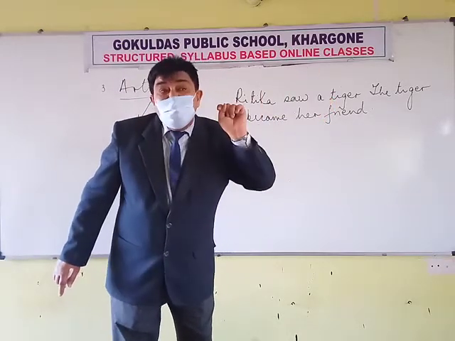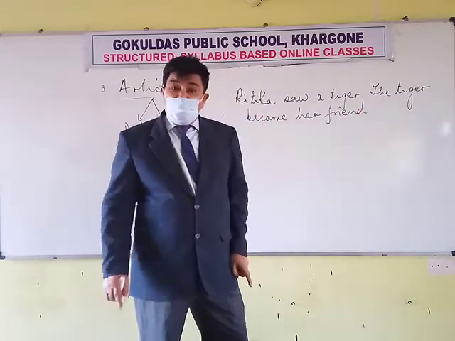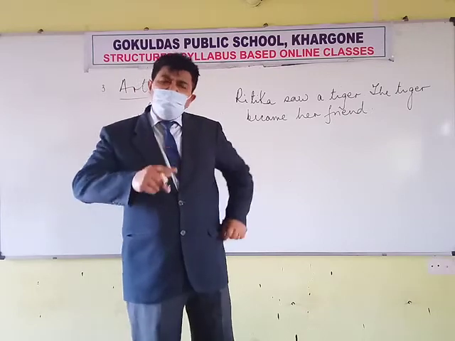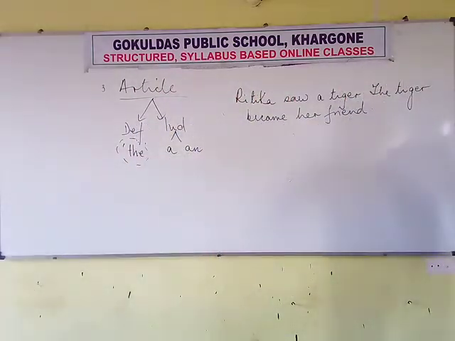But see the second sentence. The same tiger, not a different one. I am using "the" now. Why? Because now I am sure which tiger I am talking about. Which one? The one which she saw.